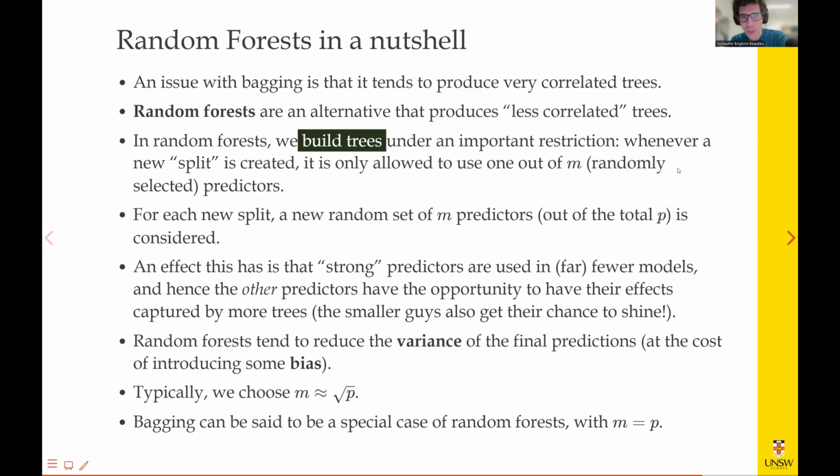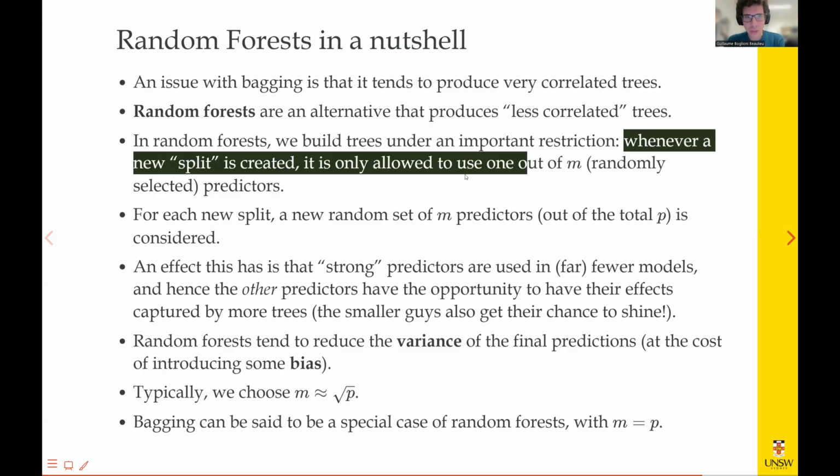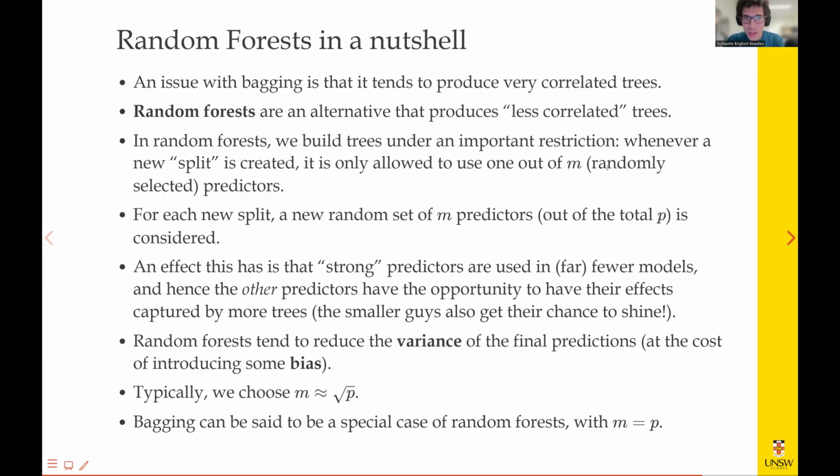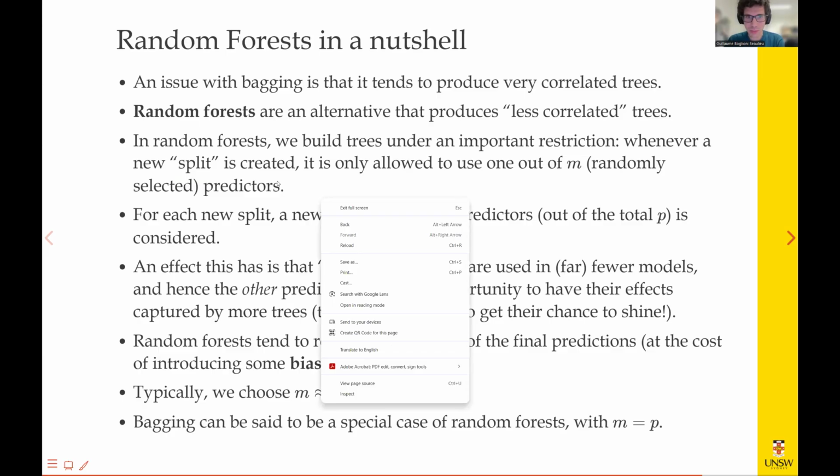Whenever we decide that a new split is created, recall that you always split one predictor at a time, right? But when we make this decision about which predictor to pick to make the split, we are only allowed to use one out of m randomly selected predictors to make the split.